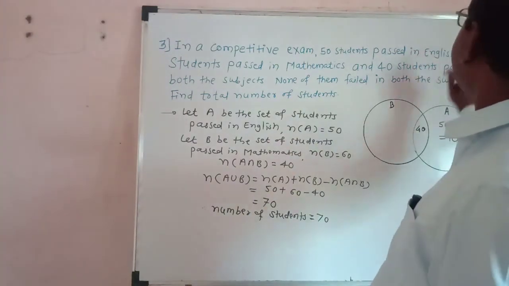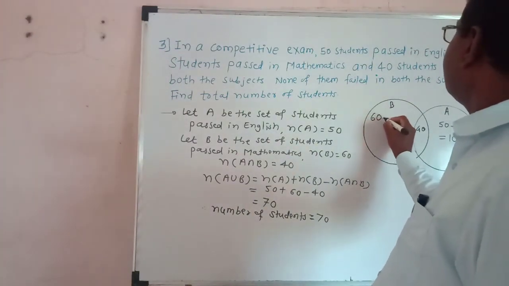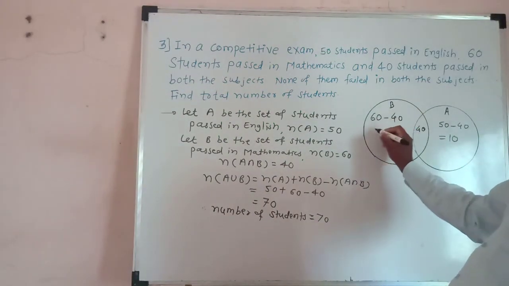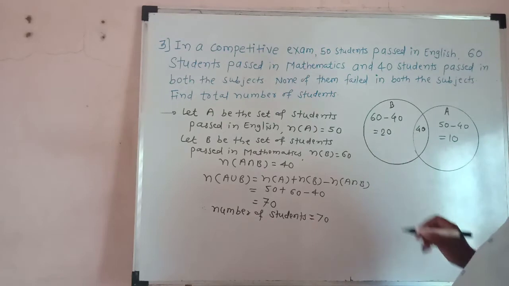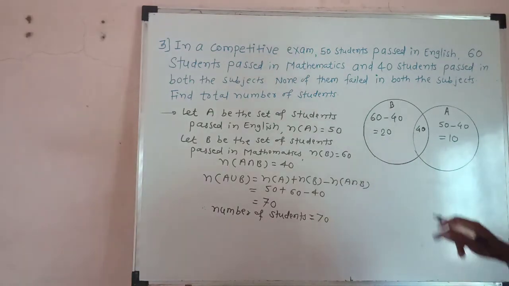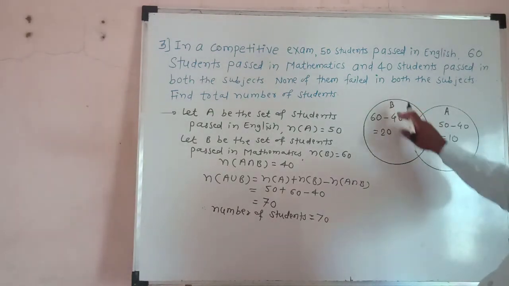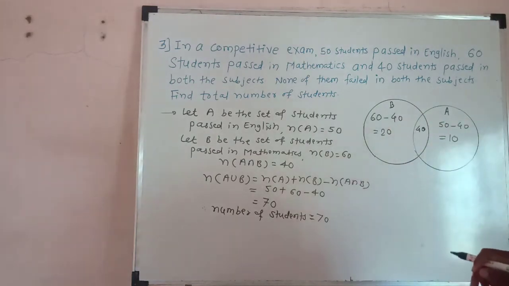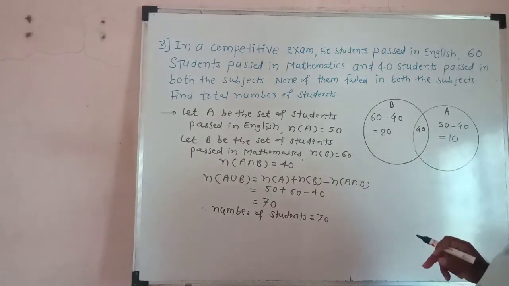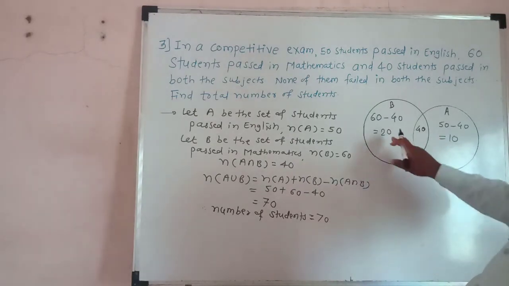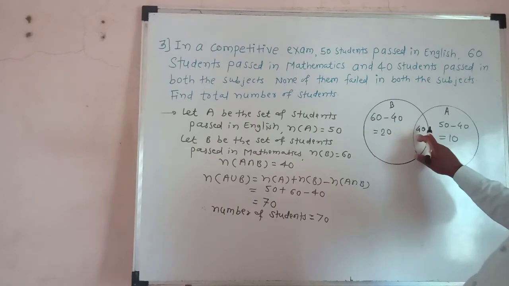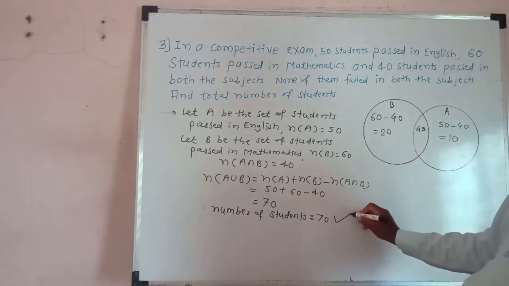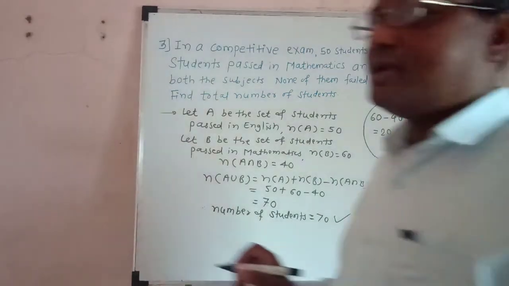Now number of students pass in mathematics are 60, minus 40 is equal to 20. So 20 students pass only in mathematics. Therefore, this 20 plus this 40 is 60, 60 plus 10, 70. There are total 70 students.